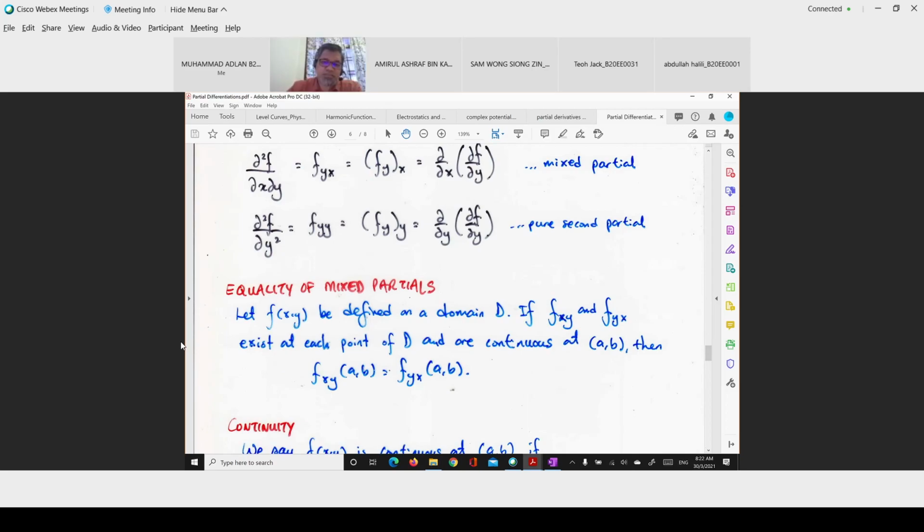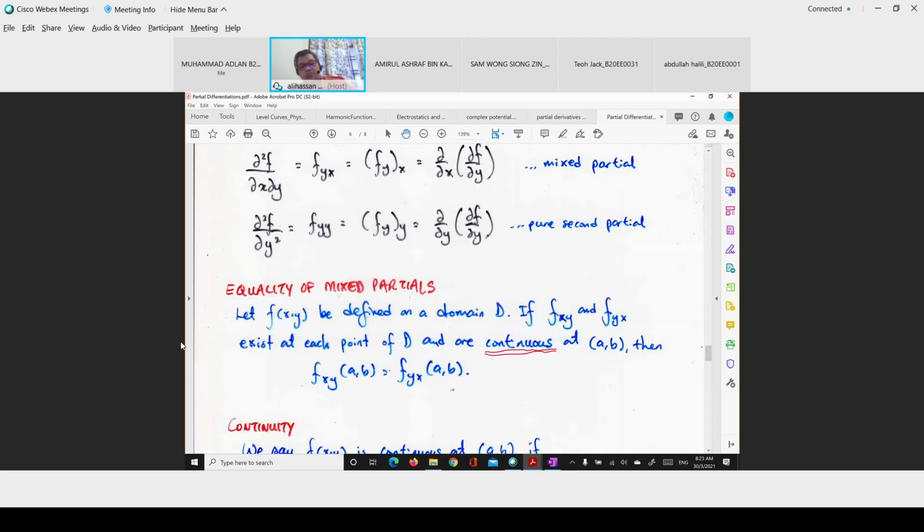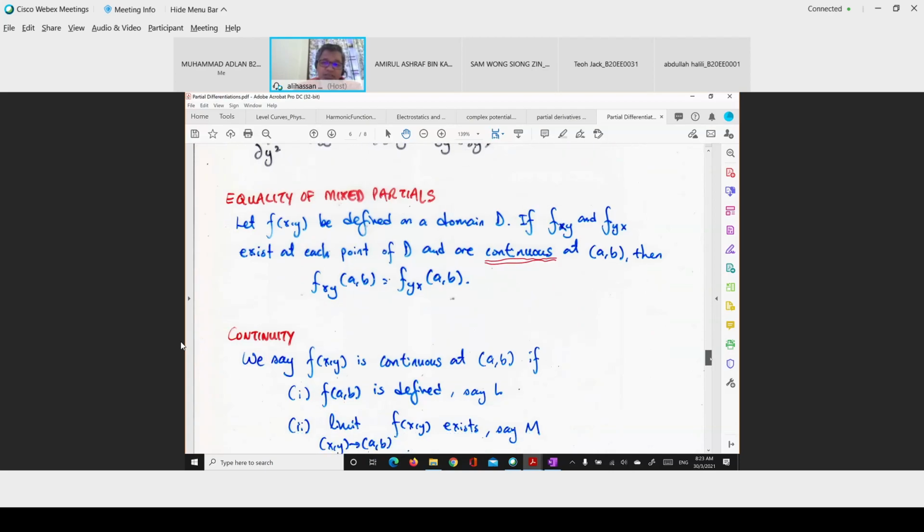So this is an important condition: the continuity. Both mixed partials must be continuous, and only then can we have this equality of mixed partials. This is already proven in mathematics. What does it mean that a function f of x, y is continuous?